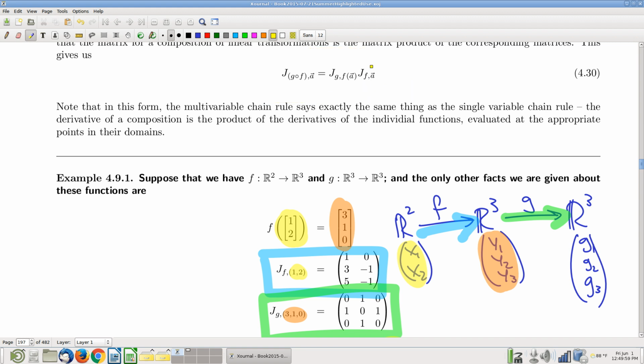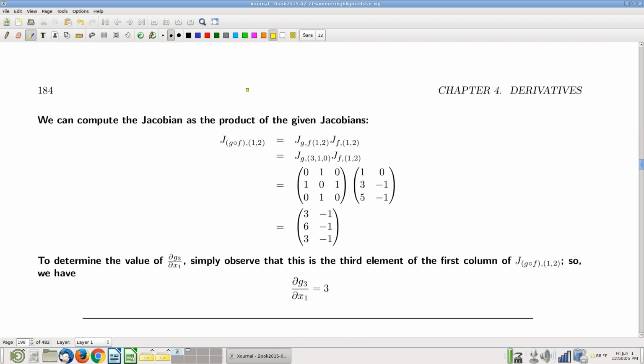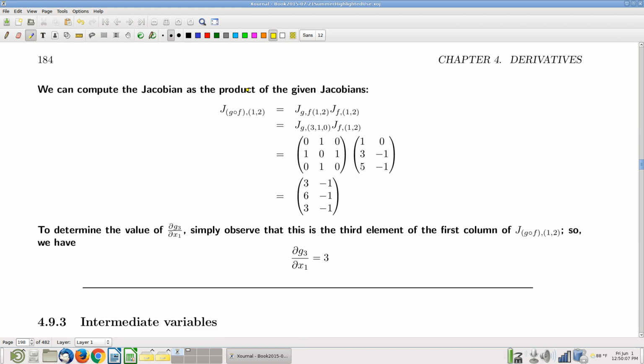Very importantly, first one on the right, second one on the left. Here it is. Jacobian of the composition is the product of the Jacobians. Those matrices were given on the previous page. Multiply the matrices. There you go. There's the Jacobian of the composition.